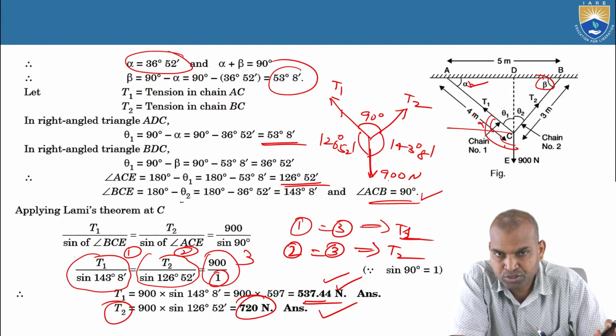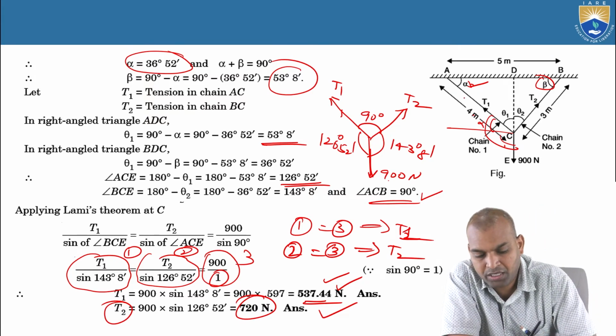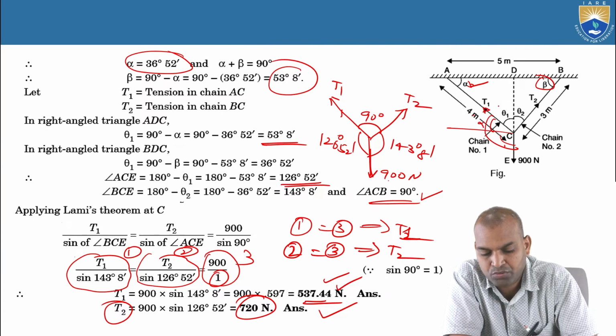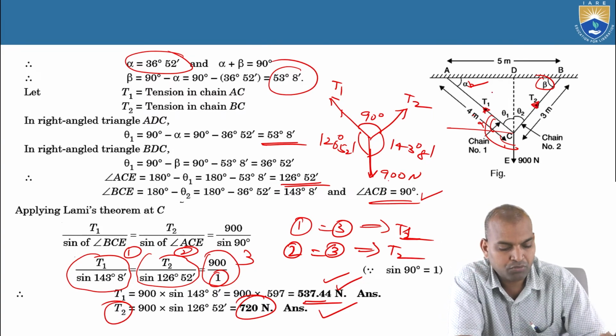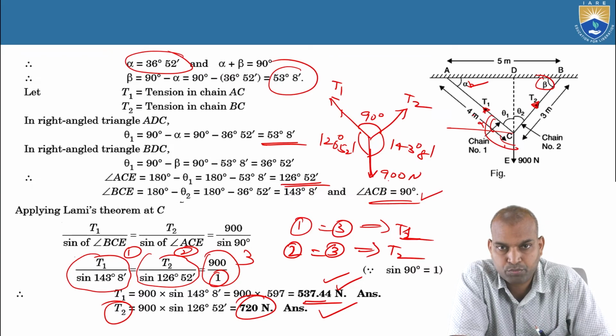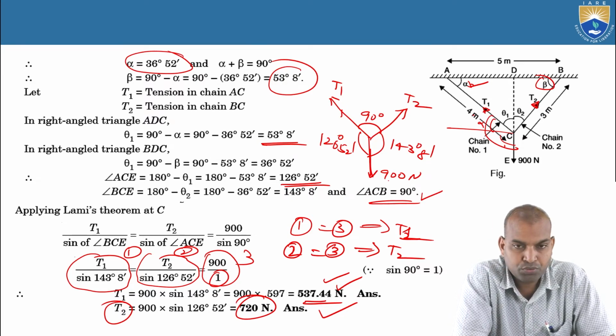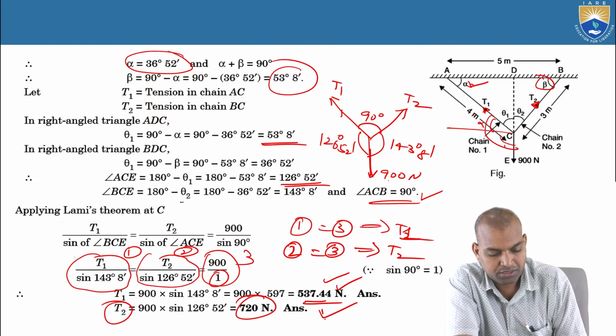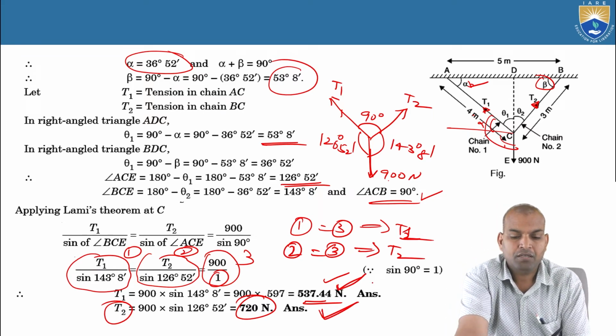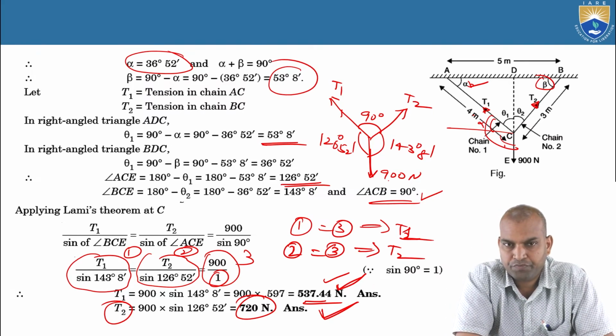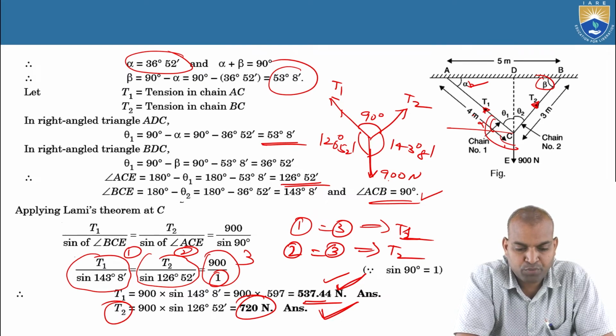Again, this is model number 2. The tensions T1 and T2 equal to what? T1 is 537.44 newtons. T2 is 720 newtons. So this is model number 2. What is the speciality of model number 2?